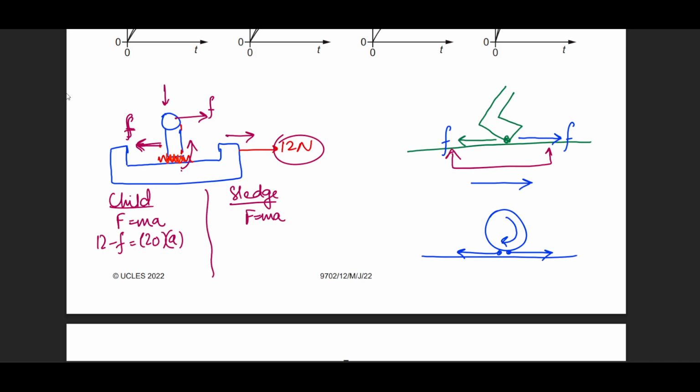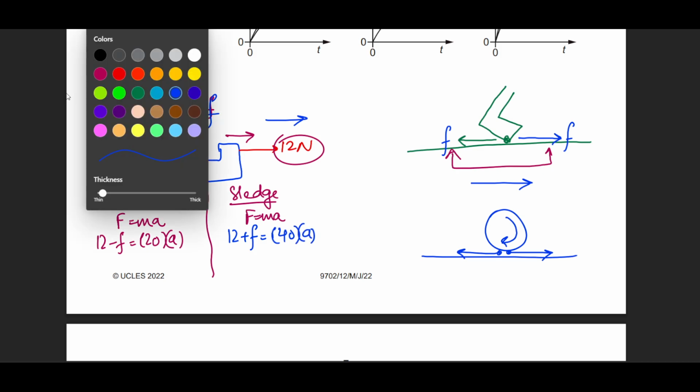From the sledge's perspective, the 12 newtons is in the right direction, and the friction provided by the sledge to the child is also in the forward direction. So both act in the same direction: 12 plus F equals the mass of the sledge, which is 40, times acceleration, which is the same for both of them.